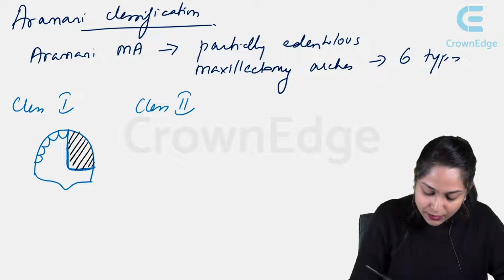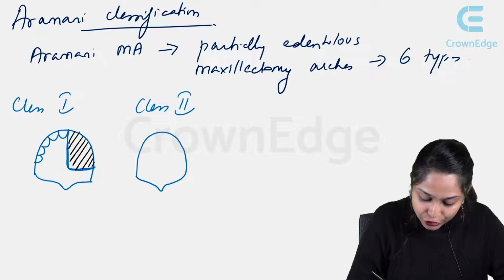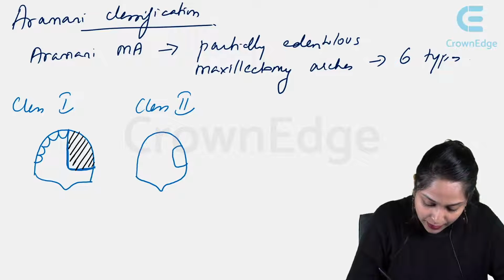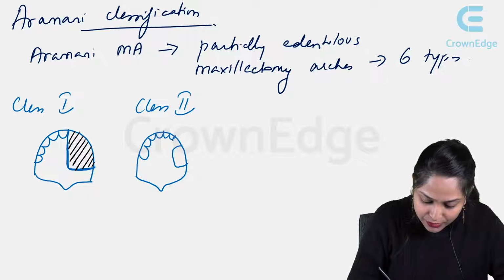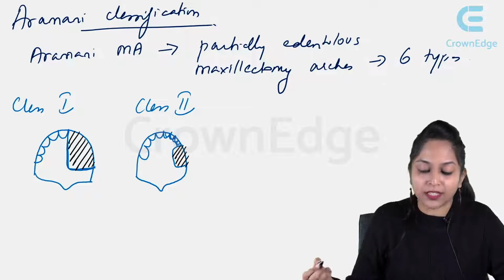Going on to class 2. Class 2 is when the resected portion is unilateral, and there are anterior teeth present on the contralateral side. That's class 2.